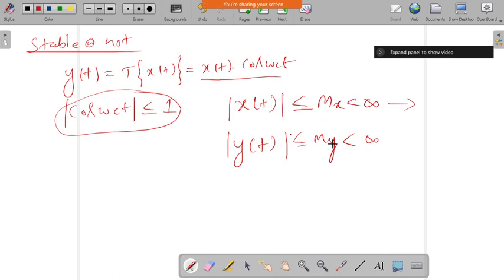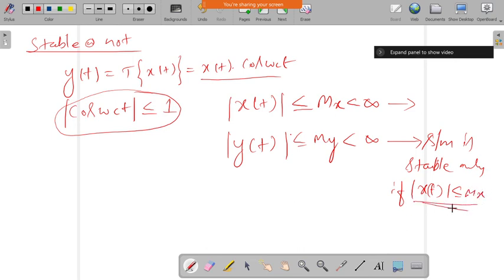So we can say the given system is stable. Otherwise the system is not stable. The system is stable only if the magnitude of x of t is less than or equal to mx, where mx is some finite value. This is the system stability.